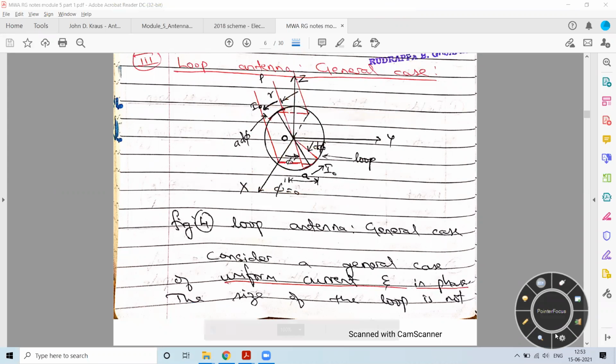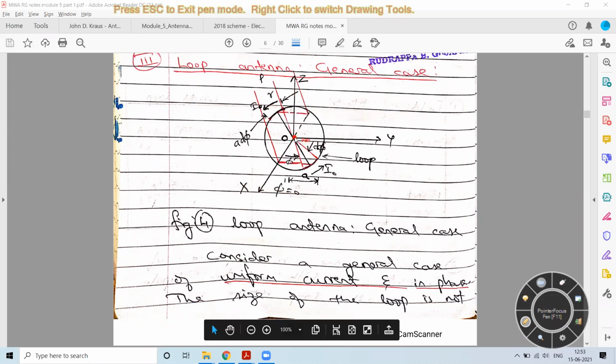Now from this reference point, if we traverse a distance of r and consider an observation point, at this observation point, what is the total field? What is the field due to this loop?